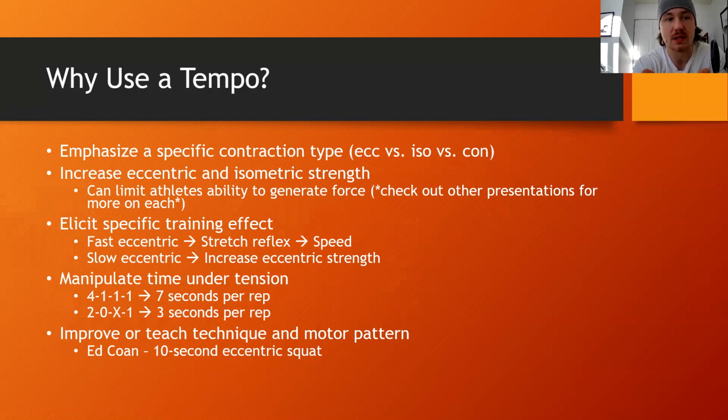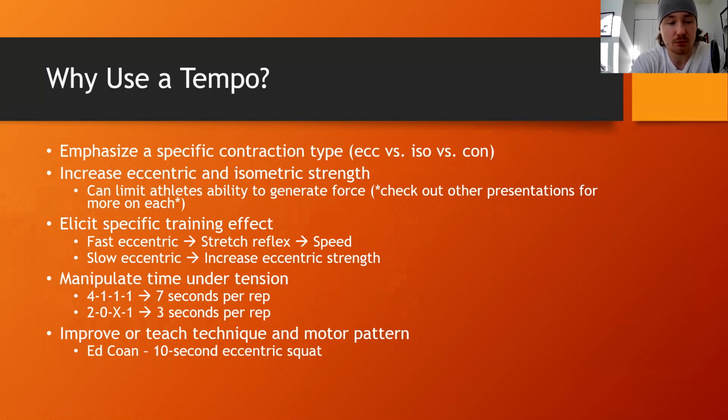So by prescribing a tempo of X1, that would indicate we're explosively going down and explosively coming up. Or on the contrary, you might want to use a slow eccentric to increase eccentric strength. Like in the video, you might include a 6-second eccentric.